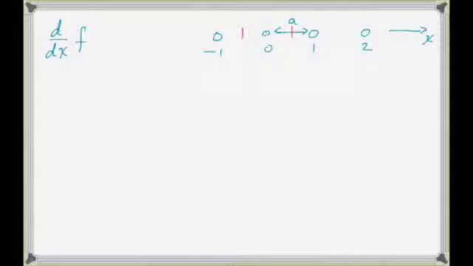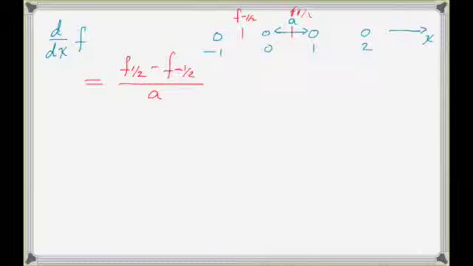This derivative in discretized form, and this is a centered difference approach, would be f of 1/2 minus f of -1/2 divided by a, the lattice constant. So it's this value here, f of -1/2 and f of 1/2.